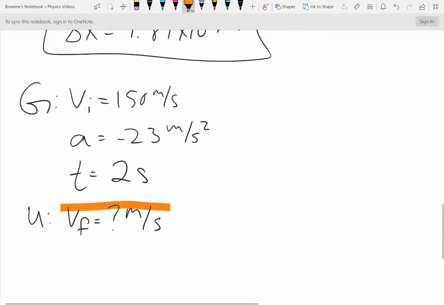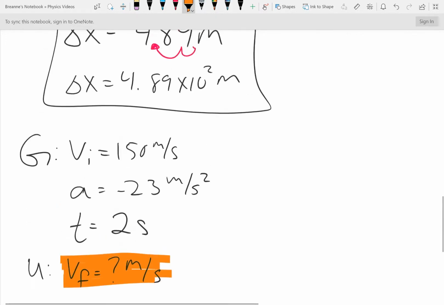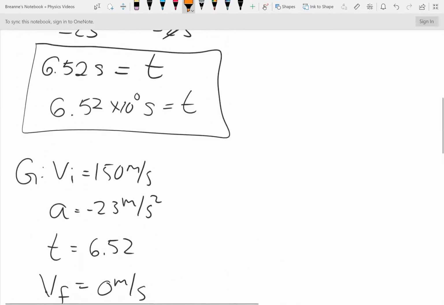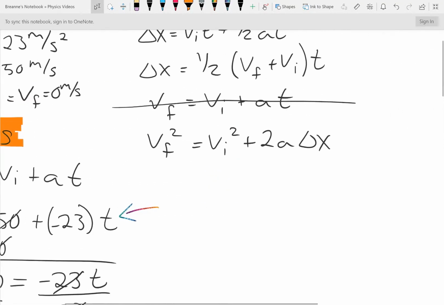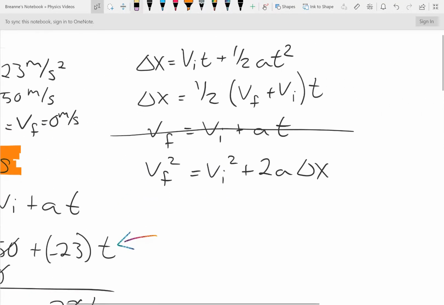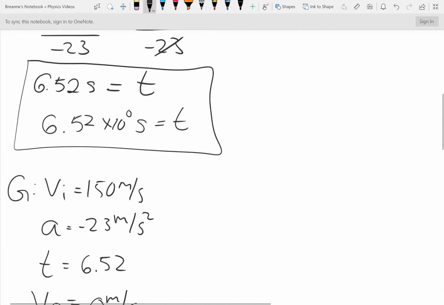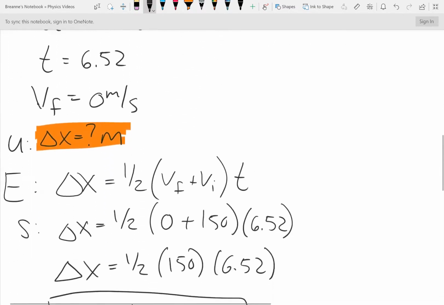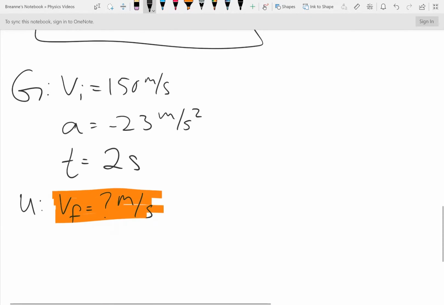So our equation has to have final velocity in it. So let's look at our equations. If it does not have final velocity in it, we cannot use it. Guess what? The first one does not have final velocity in it. In our givens, we are not given delta x at all.